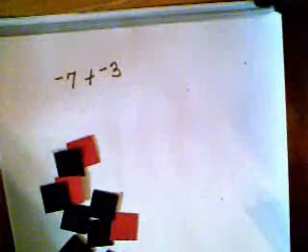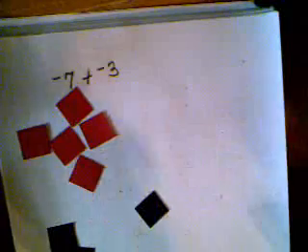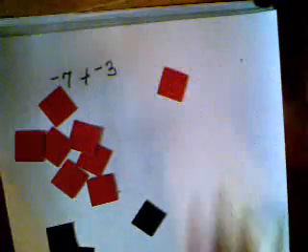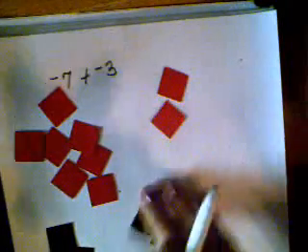What if I have a negative 7 and I want to add that to a negative 3? I need red: 7 red, and I need 3 red.